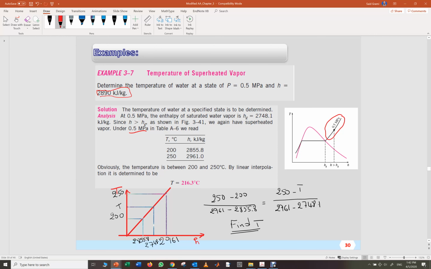So how to make the interpolation? We draw a line. Here it's the T-axis, this is the H-axis.